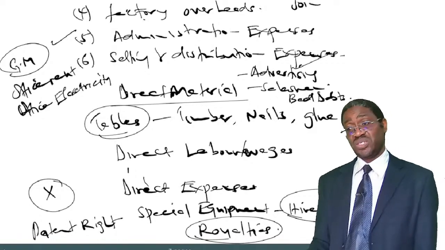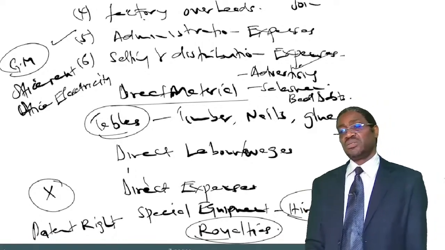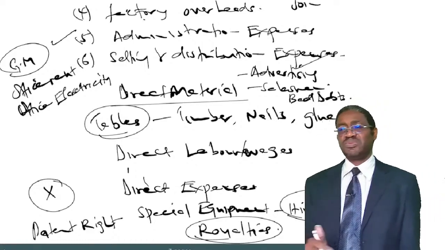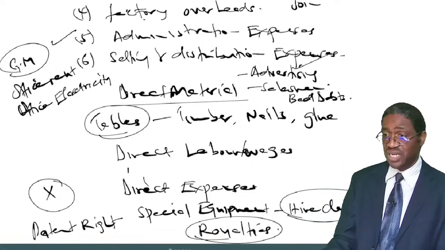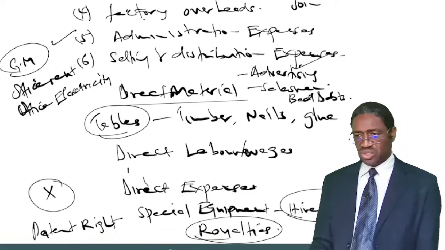You know, carriage outwards is the transport cost paid to take goods sold to the customer's premises. So carriage outwards is another example. Good.